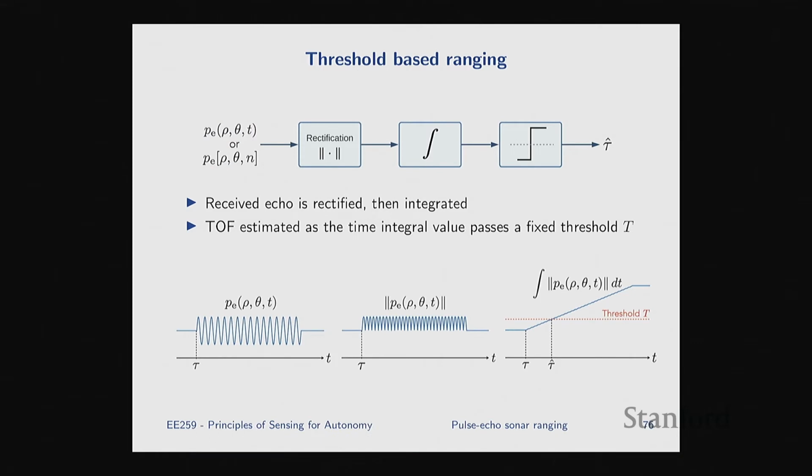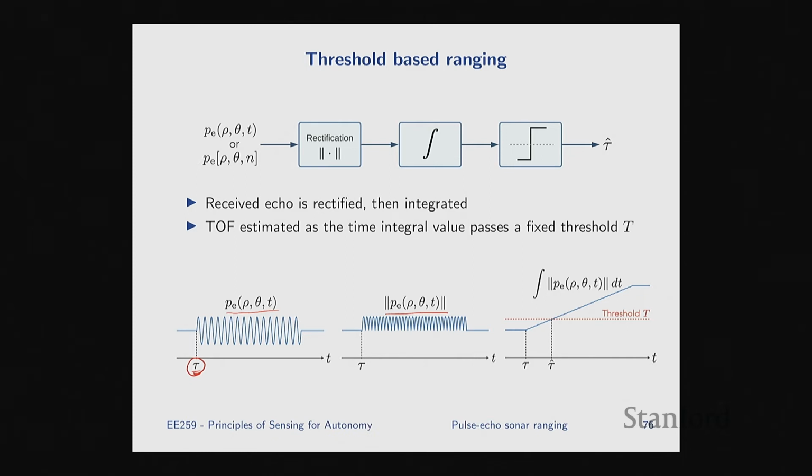So graphically, here's what's happening. You have your echo waveform coming back. It hits the receiver at time tau. This tau is the ground truth time of flight that you want to estimate, the actual physical time of flight. That's when you start receiving the echo. Then you rectify this, so this is the absolute value of your waveform, and you pass this rectified waveform to an integrator.